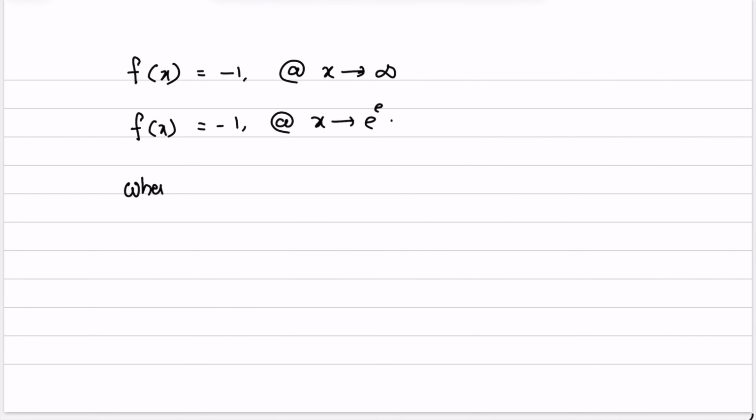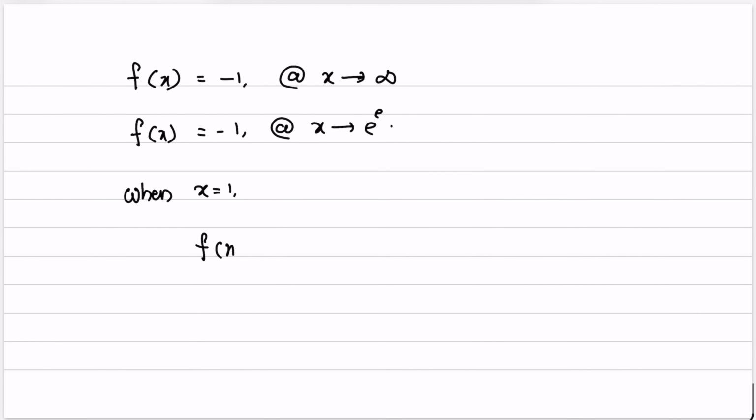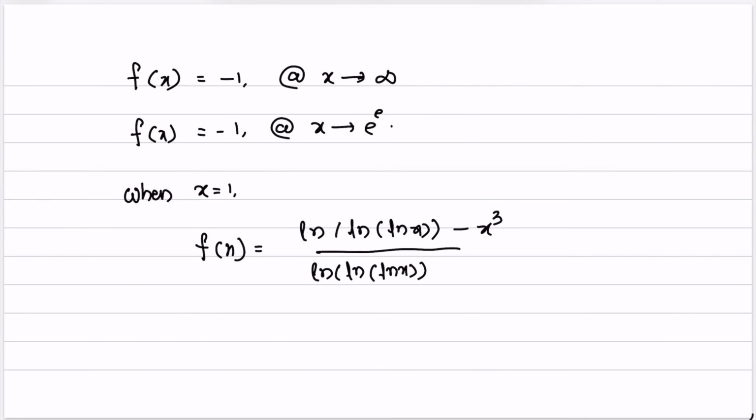When x is equal to 1, the function f(x) is equal to ln of ln x minus x cube divided by ln of ln x plus x cube.